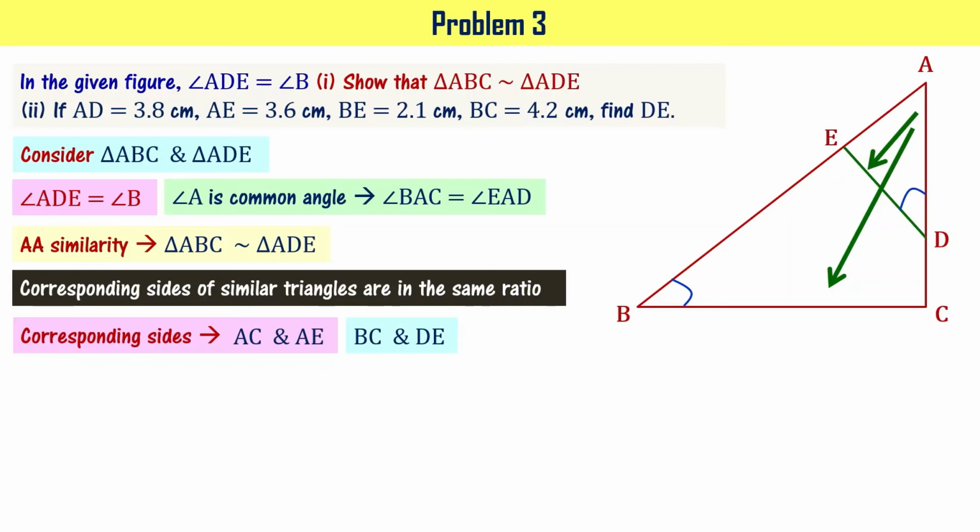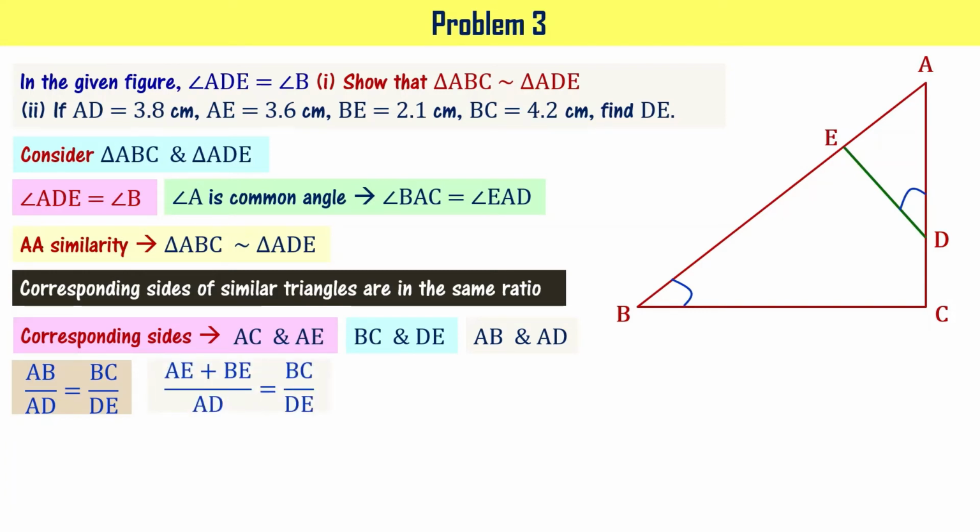The remaining sides of these two triangles are going to be another pair. Let me write that: AB and AD. Now we can write the ratio of corresponding sides, that is AB by AD equal to BC by DE. AB can be written as AE plus BE.